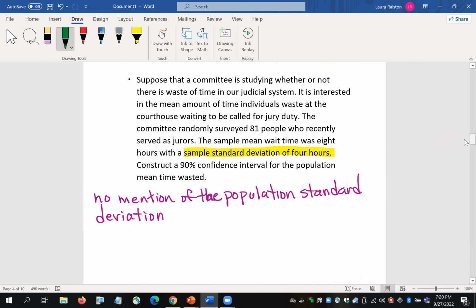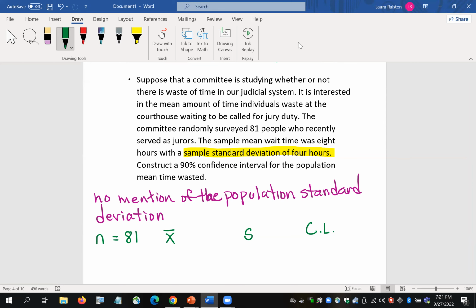So again, we still need four things. We need the sample size, we need the sample mean, we have the sample standard deviation, and we need the confidence level, all of which are given in the problem. So it says we randomly surveyed 81 people.